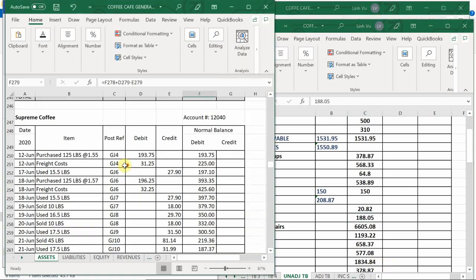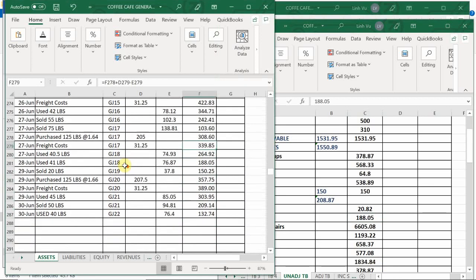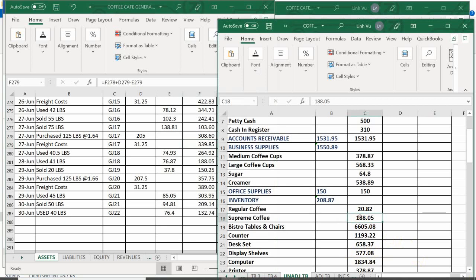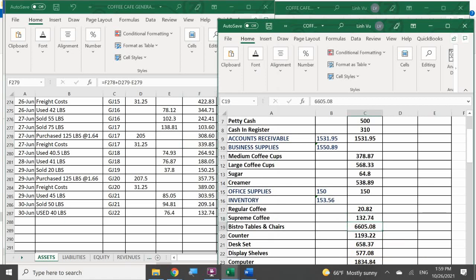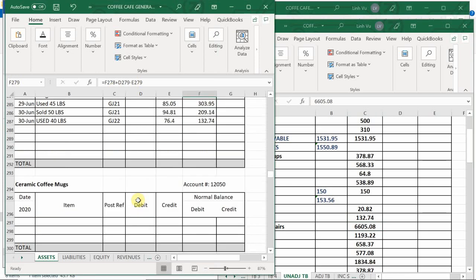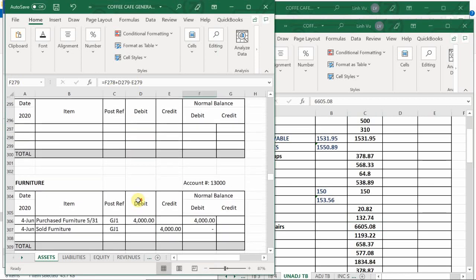Oh, sorry, I didn't go down enough. Okay, there you go. 132.74. Okay, 132.74. So that gives me a total inventory balance of 153.56. No ceramic coffee mugs yet.